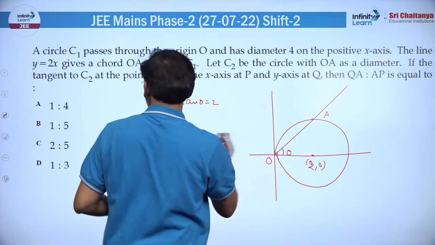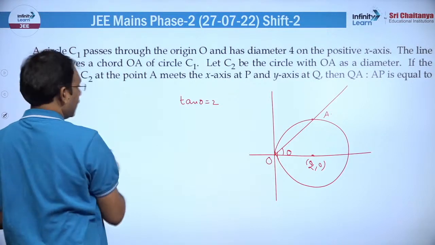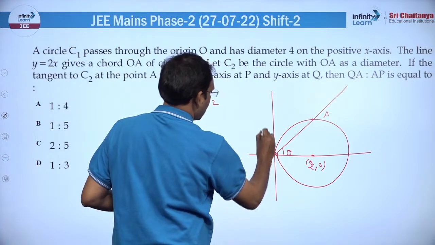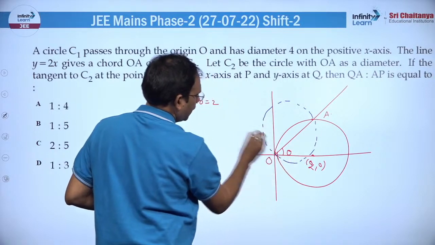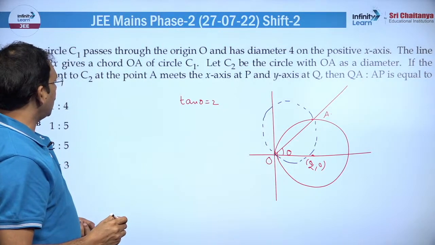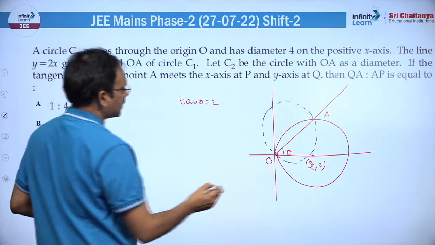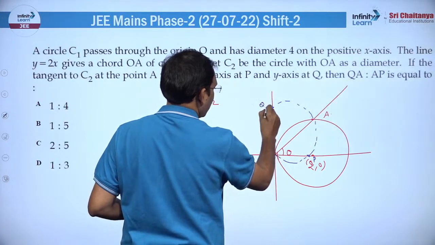Now he has drawn another circle with OA as the diameter, which cuts C2 at the point A, meets the x axis at P and the y axis at Q, my dear friends.